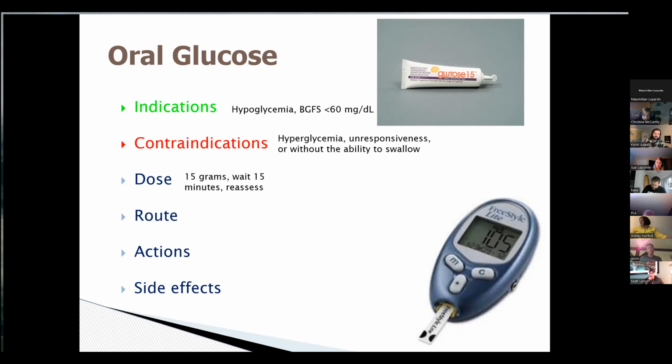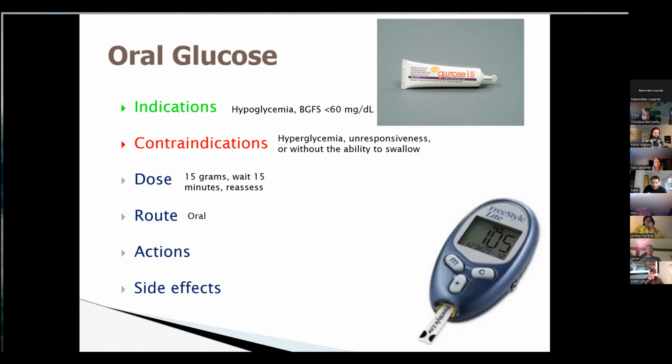If they have gotten back to 80, we're not going to give them anything else, because 80 is considered the minimum normal blood sugar. If they're back to that normal level, they don't need any more, because if we do give them some more, we could actually put them into hyperglycemia. We could send it going too high. But if it's still below 80 after 15 minutes, they could probably benefit from another either half tube or whole tube, depending on their level of responsiveness.